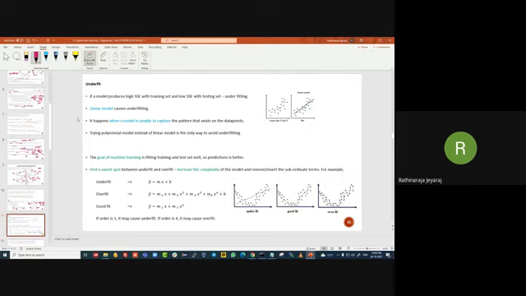Now reverse the condition. For example, if the sum of squared error during training time is greater than the sum of squared error during testing time, it's called underfit.